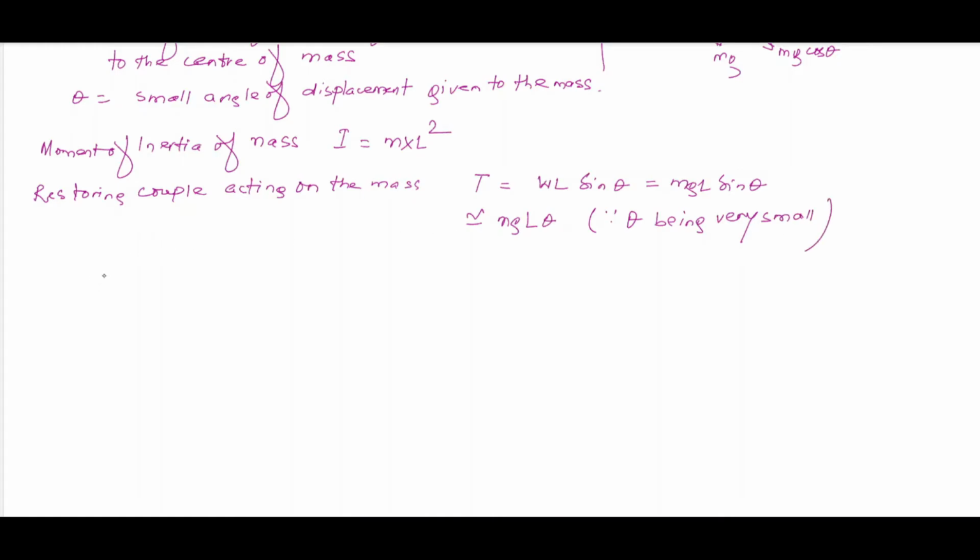Okay, now the angular acceleration of the cord, alpha, is equal to T by I. Okay, so I can write here that mgL theta divided by I, I was mL square, so mL square, so this is basically g by L theta.